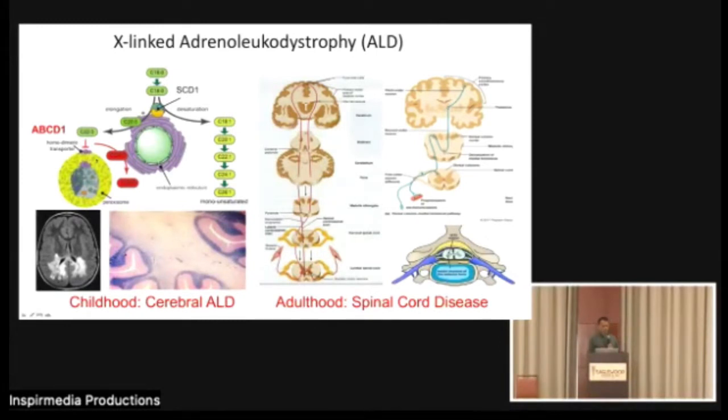Just to remind people, in childhood cerebral ALD, you can see the lesions in the white matter of the brain. And here are certain cell types that are very inflammatory. The blood-brain barrier opens, and you can deliver cells from bone marrow to blood to brain. In AMN, that's not the case. We actually don't have an open blood-brain barrier.